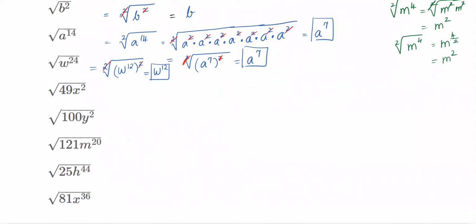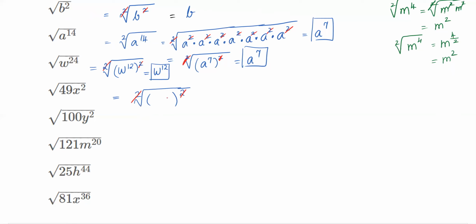Let's focus on the other ones now. So this is 49 and x squared. Remember you want the whole power here to match with the power for the radicand, right? So you're trying to do something power 2 so that they will cancel each other. The root and the power will cancel. That's the whole point.